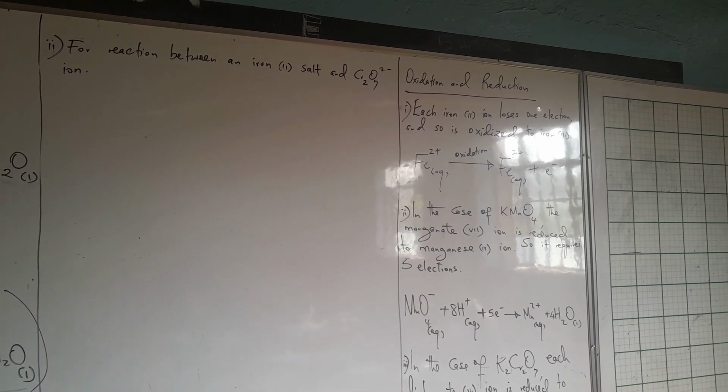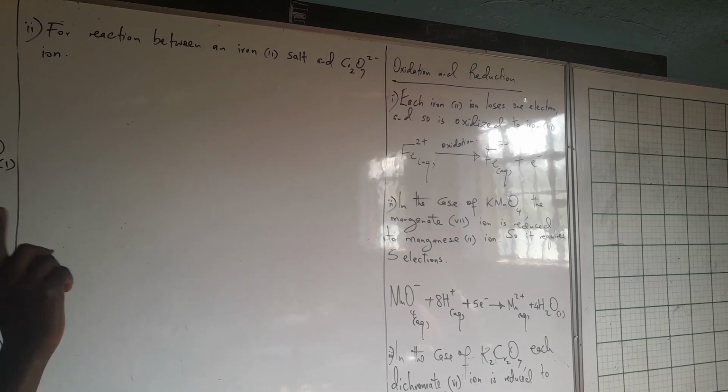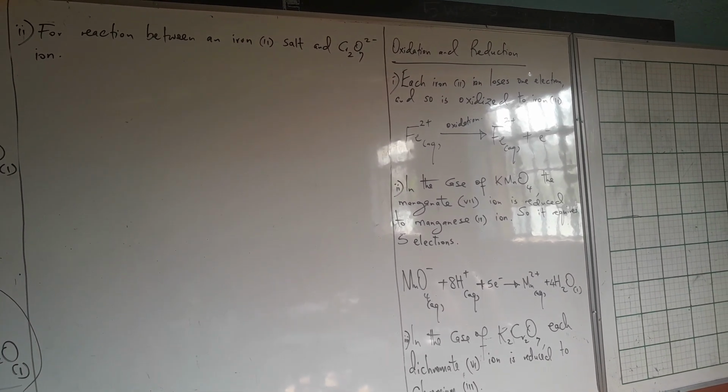I've told you oxidation is the first one. Oxidation means losing. So something must lose first so that it provides those electrons for another one to gain.